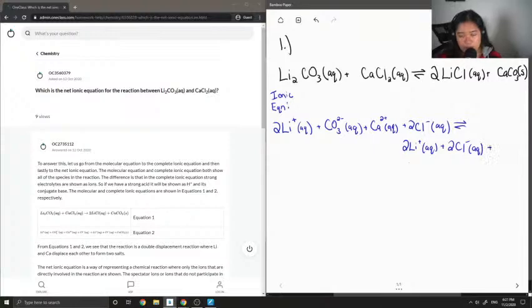And the only one that doesn't separate into its ions is the solid calcium carbonate, so I'm just going to keep this as CaCO3 (s).